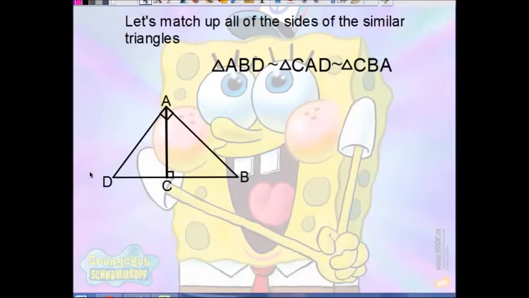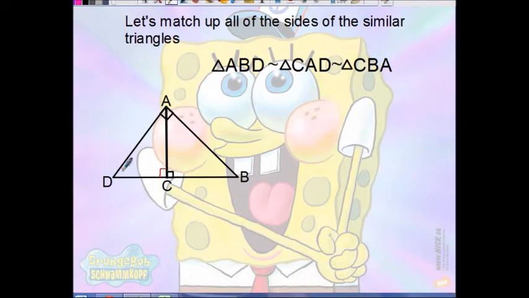So the next thing that we're going to do is match up all the sides of the similar triangles. Again, using the same triangles, triangle ABD is similar to triangle CAD, which is similar to triangle CBA. And once again, I'm going to put in all my angle markings that we need. So I'm going to put in my right angle here.